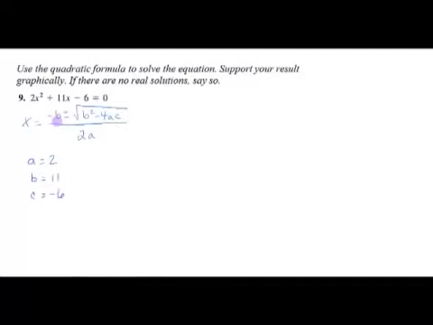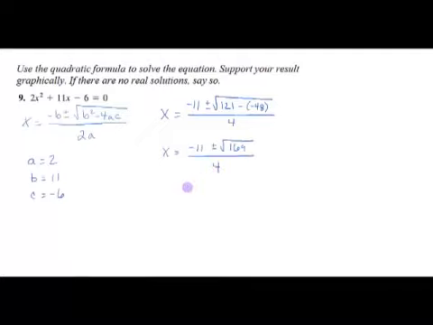So putting that into the equation, I'll have x equals the opposite of 11 plus or minus the square root of 11 squared minus 4 times 2 times negative 6, so that'll be a negative 48, all over 2 times a, which is 4. So x is negative 11 plus or minus the square root of 121 plus 48, 169, all over 4.